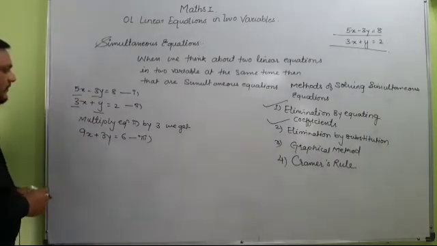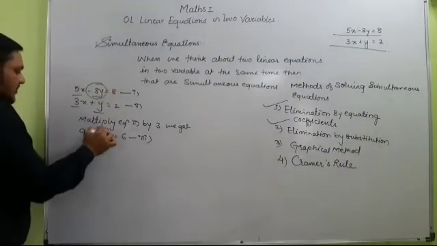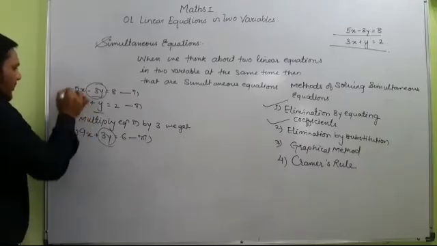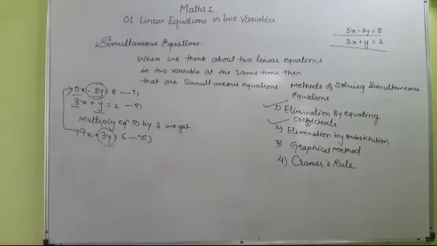Now observe equation 1 and equation 3. In the first equation there is negative 3y, and in the third equation there is positive 3y. If we add equation 1 and 3, then positive 3y and negative 3y will be eliminated, and easily we will get the value of x.